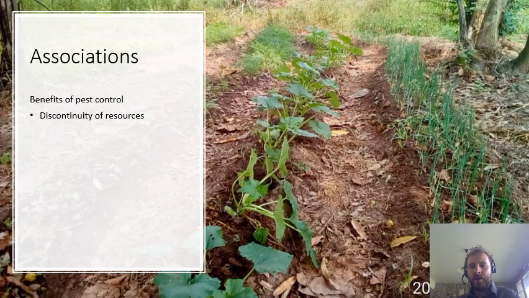So why is crop association useful? Firstly, when it has to do with pest control, as we discussed in the last video, it's useful because of the discontinuity of resources.